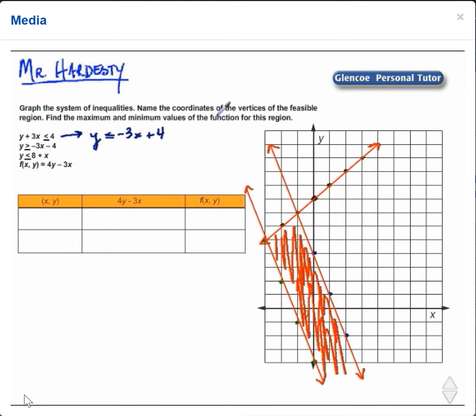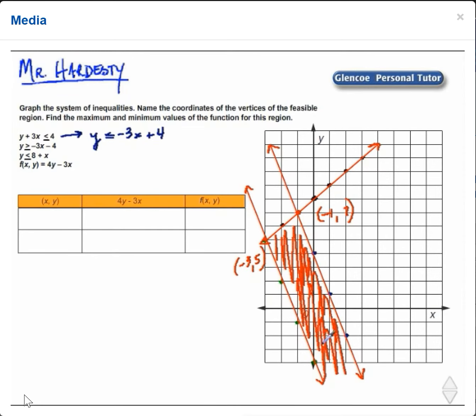We need to name the coordinates of the vertices of this region. And here they are. This is the point negative 1, 7. Here's another one. This point is negative 3, 5.